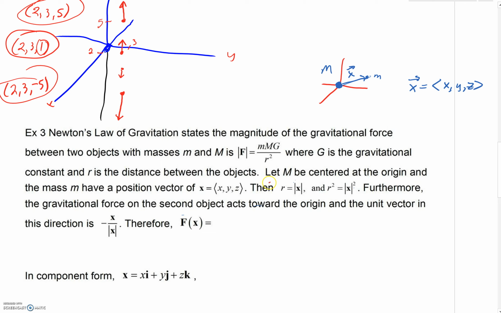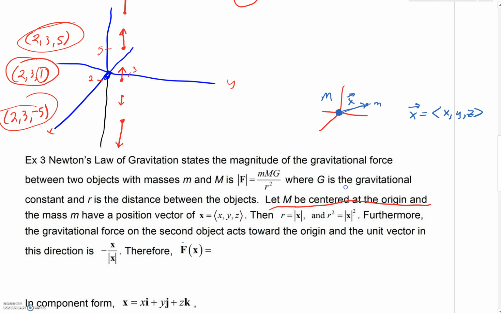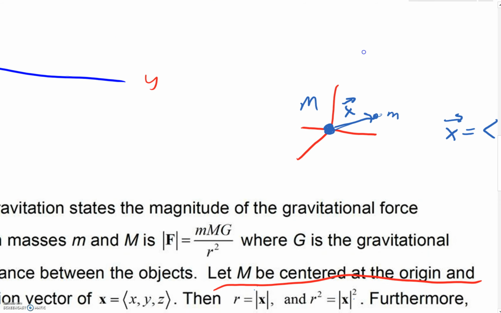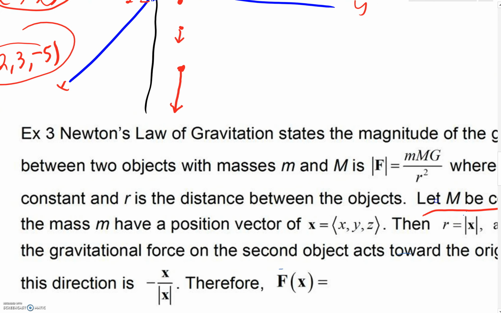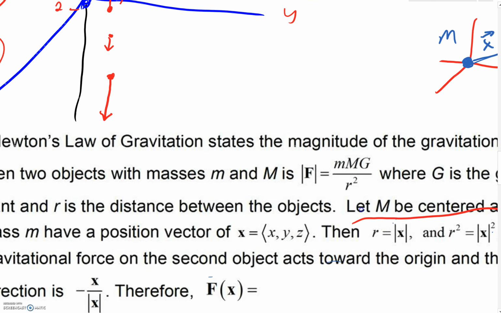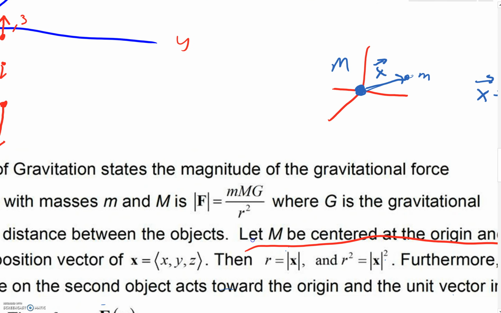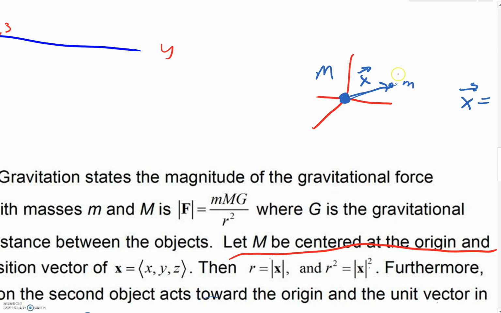So let's let M be centered at the origin, and I've drawn that right here. And let's have little m, the mass little m, have a position vector of x, y, z. So little m is right over here. So, we could look at it in that regard.